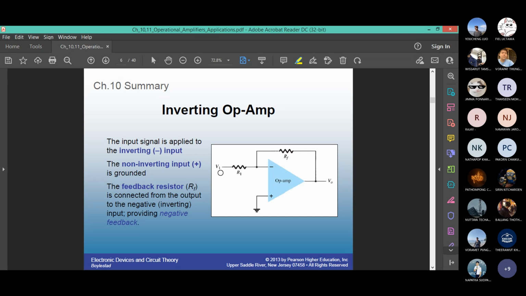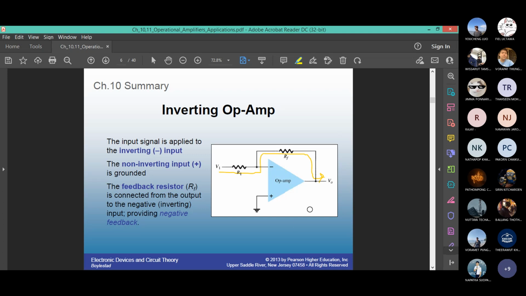If you have a source like this, it will not enter the op amp. It will go away from the op amp using your feedback connection. So no current goes to the op amp. Your statement is correct. You can say it's very high input impedance, no current goes to the op amp.